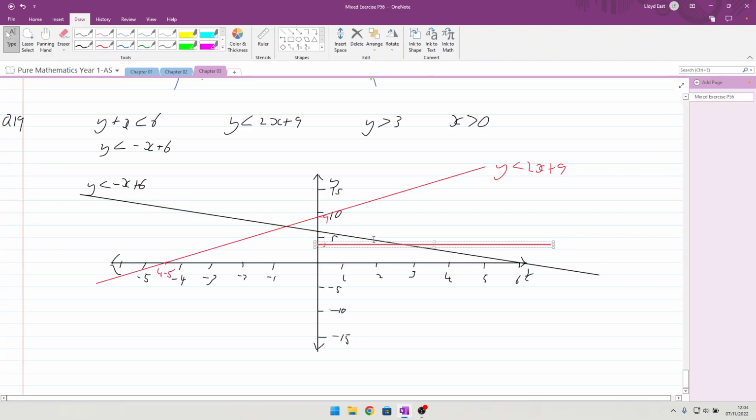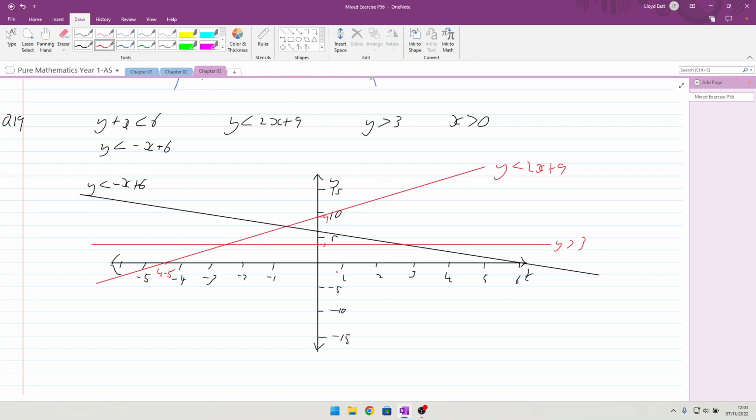What happened there? There we go. And x is greater than 0. Okay, so that is just the y coordinate.